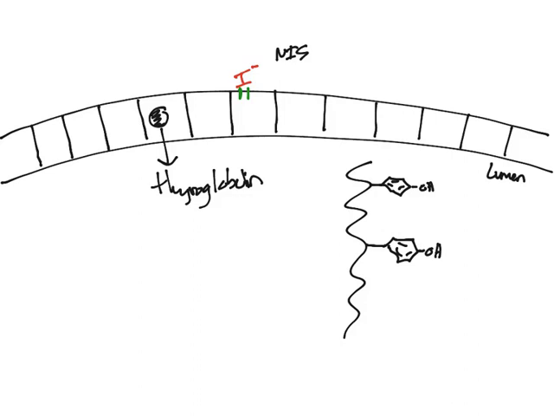This is going to bring the iodide into the actual cell, the follicular cell. Then, after that's in there, it's going to go through another receptor to go into the lumen, basically join the pool party. And this receptor that brings it into the lumen is called a pendrin receptor.